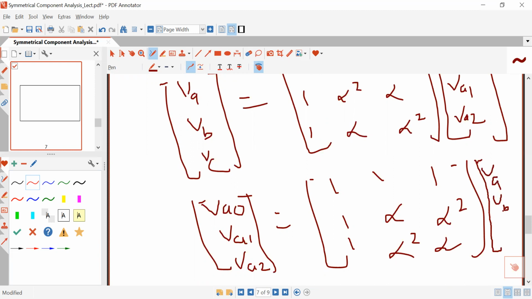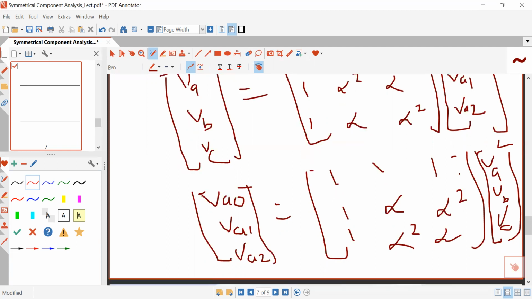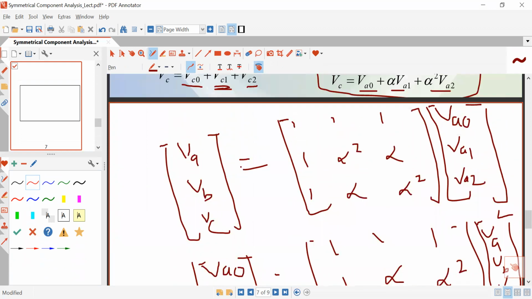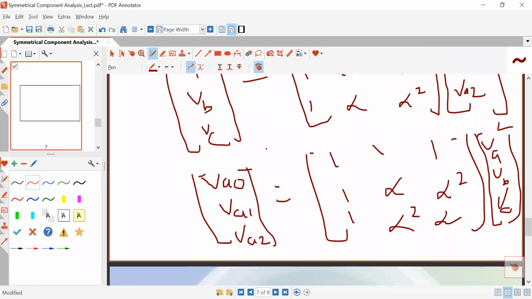These two matrices are very important for the remaining part of the course. So you must remember how to determine the unbalanced phasors if the sequence components are given, and how to determine the sequence components if the unbalanced phasors are given.